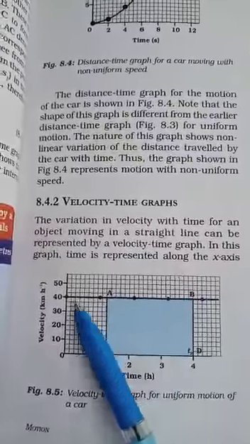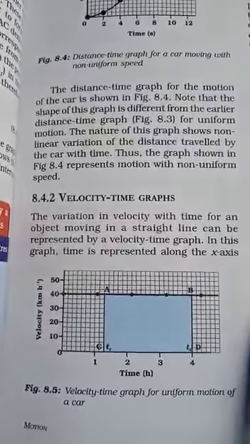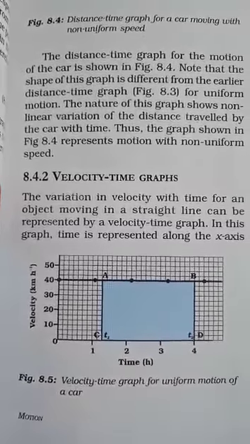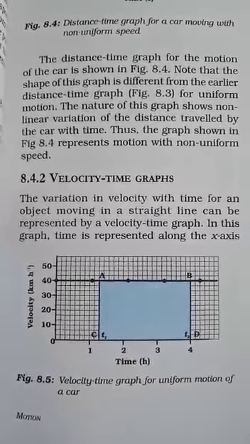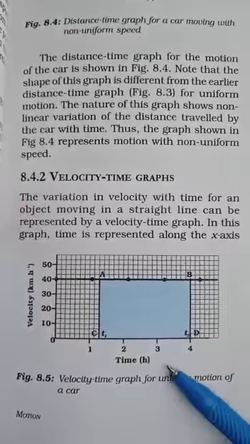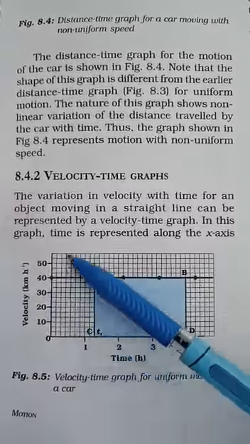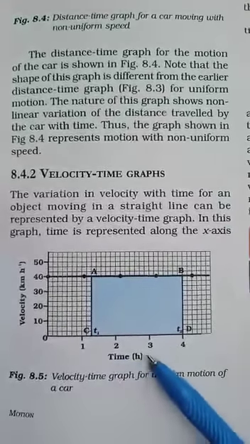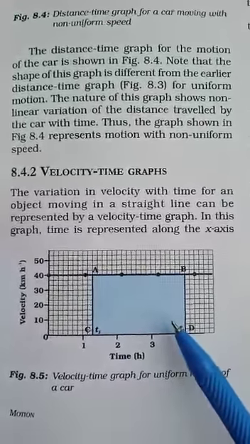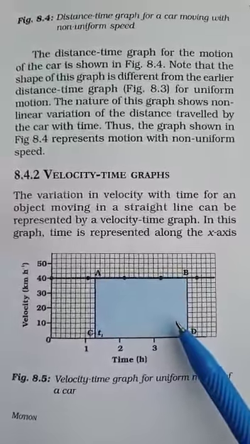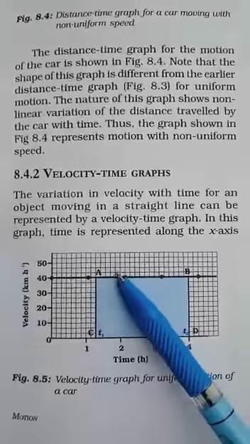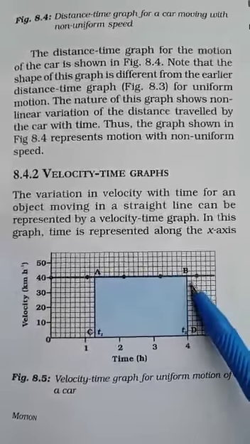In this graph, time is represented along the x-axis, and velocity is represented along the y-axis. If the object moves at uniform velocity, the height of its velocity time graph will not change with time.